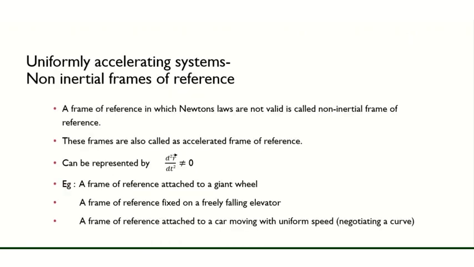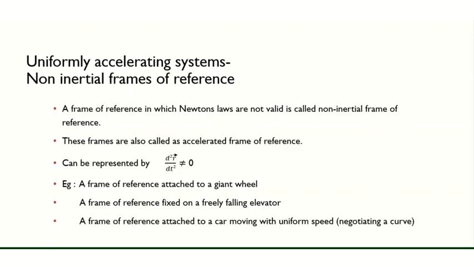Another point we want to discuss is uniformly accelerating systems, which are called non-inertial frames of reference. A frame of reference in which Newton's laws are not valid is called a non-inertial frame of reference. These are also called accelerated frames of reference.